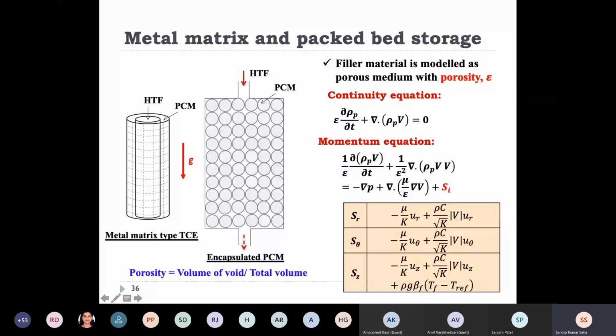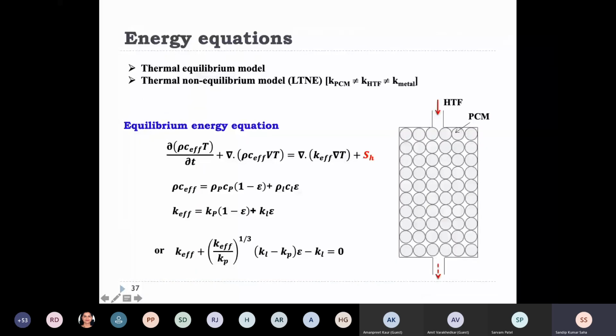Now coming to the single phase model and the two phase model. In the single phase model, as I told you, you are assuming the PCM plus metal matrix or the HTF, whatever, as a single fictitious material having some effective properties.